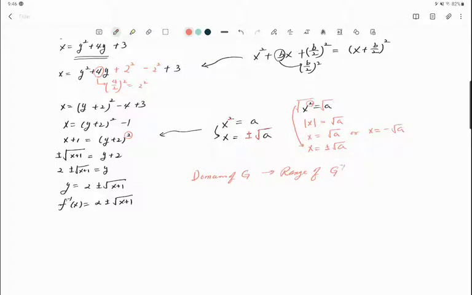Range of the inverse, always. And the range of g will be the domain of the inverse function.